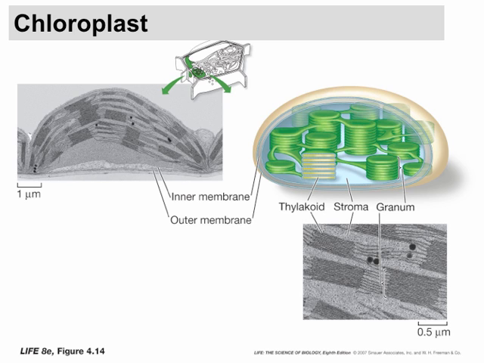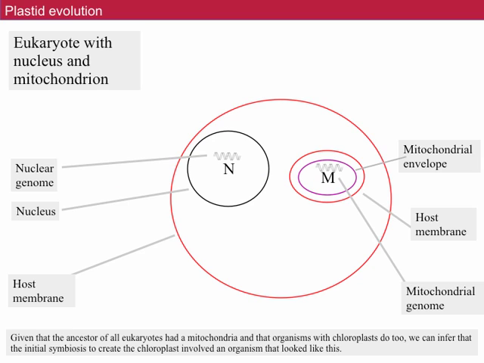We're going to temporarily ignore that. So there's this model that people have created to explain part of the evolutionary history of chloroplasts, which is an extension of the same model that we talked about for the evolutionary history of the mitochondrion, which is we start out with a cell.